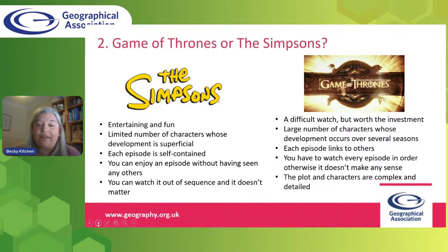And as a consequence, part of the amazingness of geography is that geographers are brilliant at seeing the connections between things. And I think if you don't have a Game of Thrones curriculum, it's very hard to see those links. Whereas actually, making them all the time is almost hardwired into the curriculum.